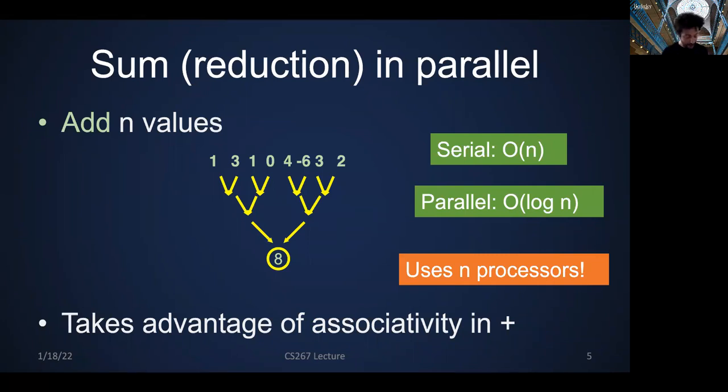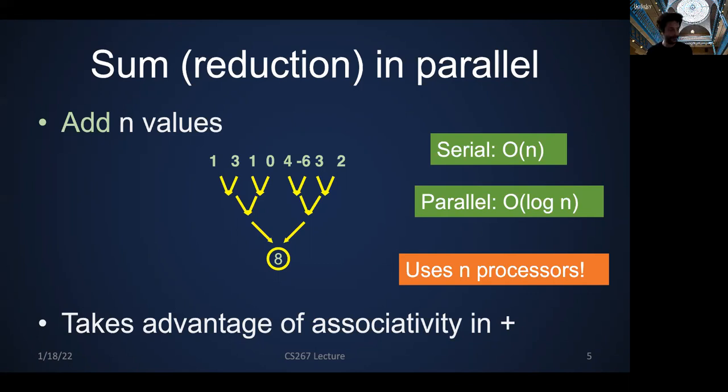So you're doing a little more work, but potentially running much faster if that's what you care about. Of course, as I said at the beginning, the operation needs to be associative for the parallel algorithm to be correct and match the result of the serial algorithm.